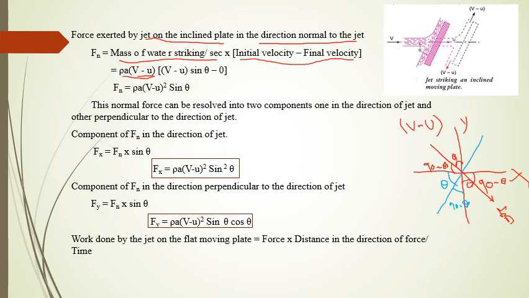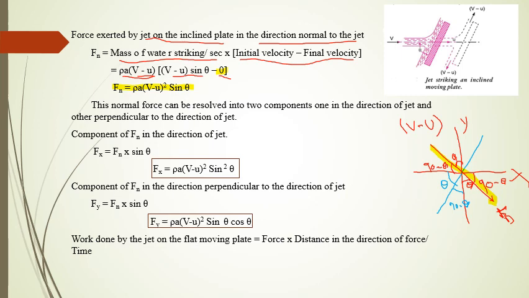We have to find the initial velocity in Fn direction, that is V minus U into sine theta, minus final velocity. There is no final velocity in normal direction. See, this is the normal direction. So the final velocity is 0. Then the normal direction force becomes Fn equal to rho A into V minus U whole square sine theta.